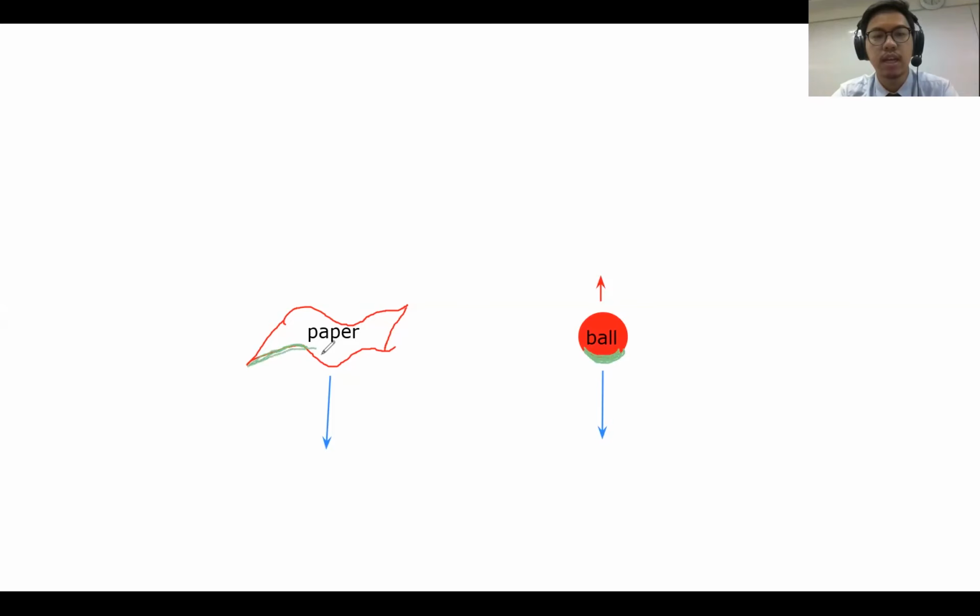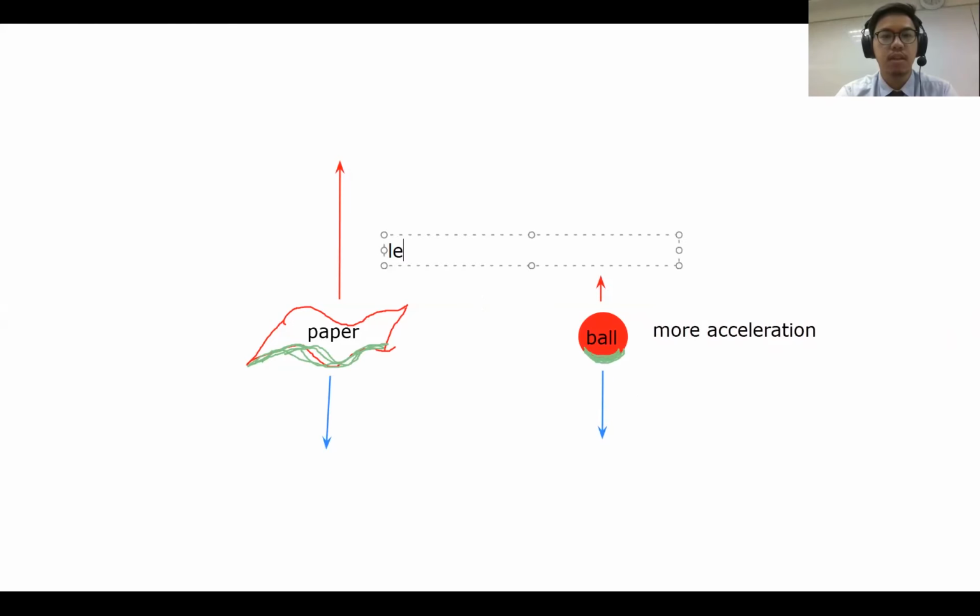So the paper has a larger surface area in contact with the air as it is falling down, and because of its surface area, the paper will have a larger air resistance. And because the ball doesn't experience a large air resistance, the ball will have more acceleration when it is falling, and for the paper, there will be less acceleration when it is falling, right?